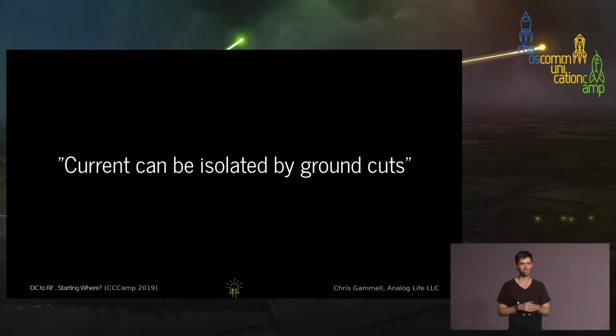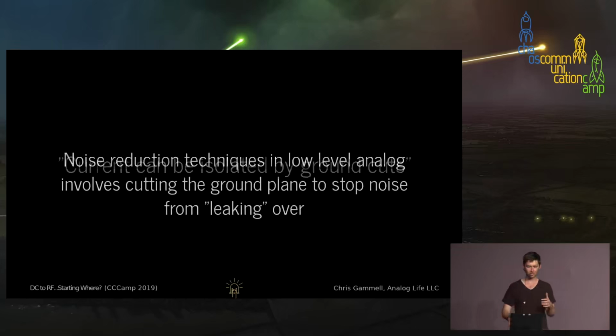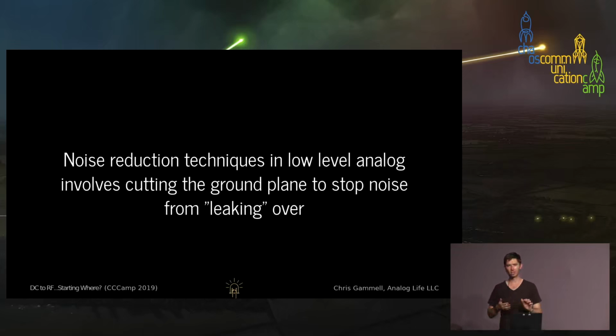And I say that with scare quotes, because yes, that is how it works at DC, but that's not really how it works as you move up in frequency again. Some of these are noise reduction techniques that you might use in analog. You might try to isolate parts of your circuit using physical means, but RF doesn't care. That's kind of the summary there.